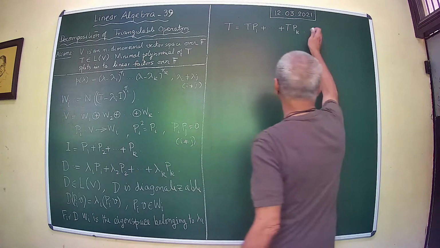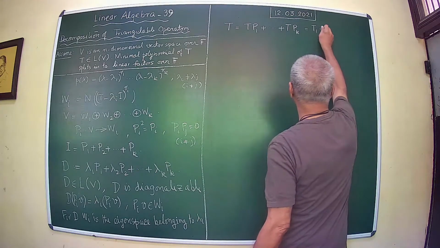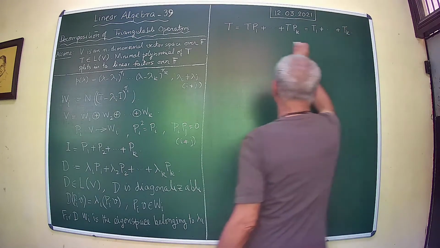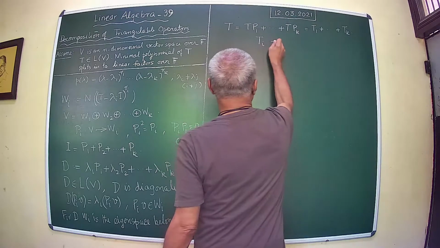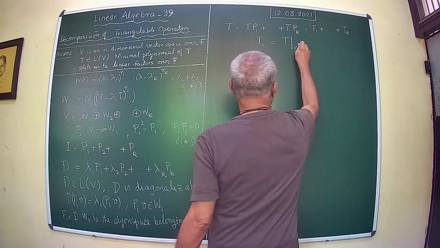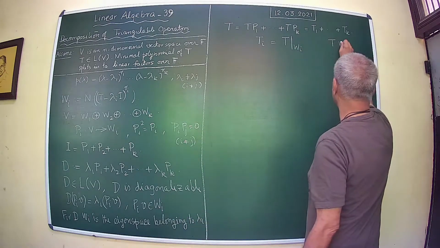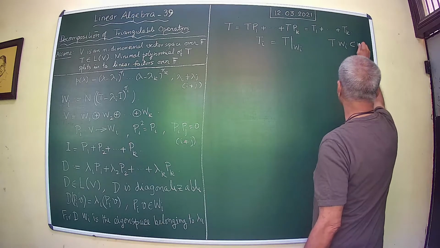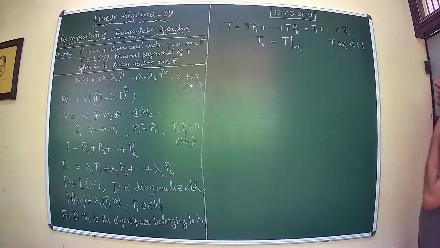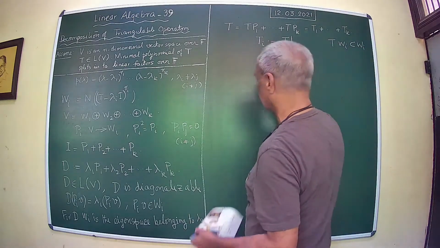Now this, of course, you can write as T1 through Tk, where Ti's are, see, what you have is that T Wi is contained in Wi, that is, Wi's are left invariant by T. Therefore, you define Ti in this form and this is what it is.